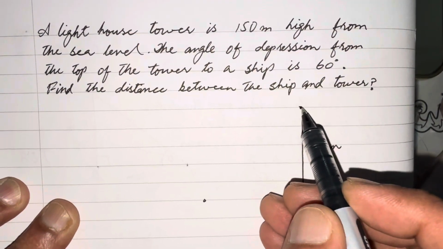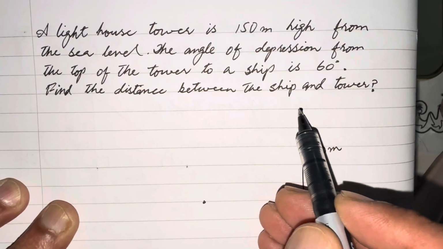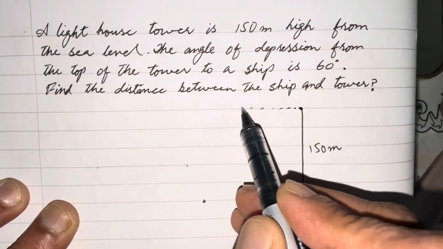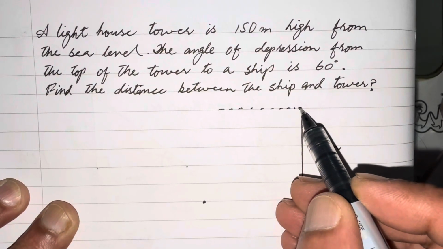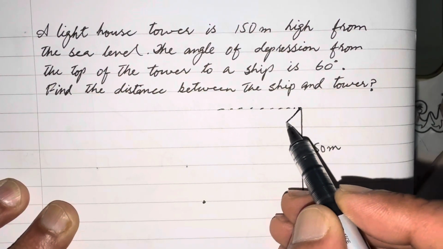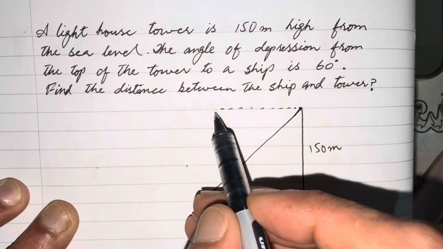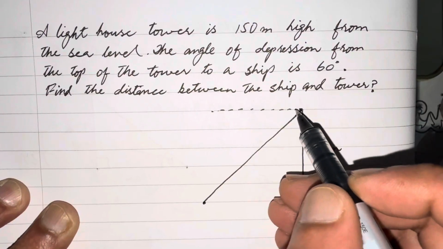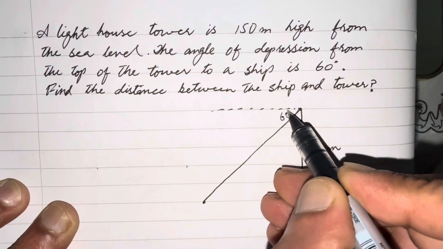At the top of the tower we show a straight line, and when we join the top of the tower to the ship, the angle of depression is made there, 60 degrees.